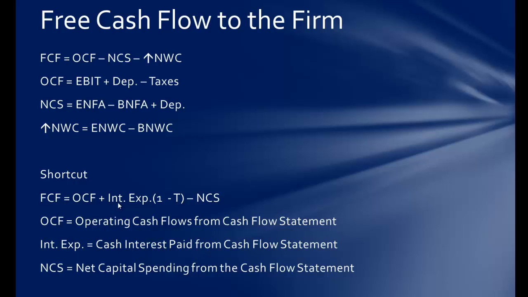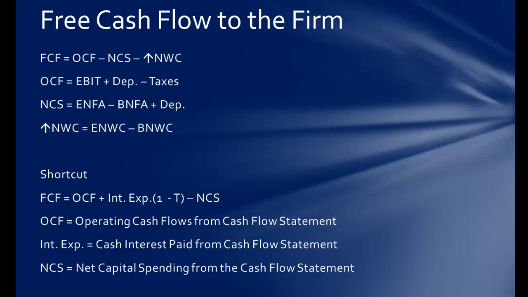So the true net interest cost to our firm is that interest expense times 1 minus the marginal tax rate. So operating cash flows from the cash flow statement plus the interest expense times 1 minus the tax rate, that term will substitute for both the operating cash flows and changes to net working capital.